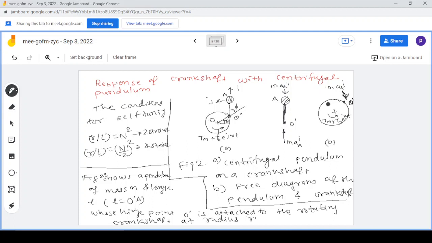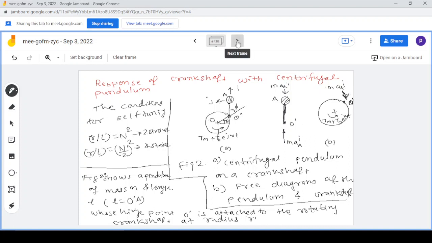For the crankshaft, it only has the turning moment Tm plus T0 e raised to j omega t, and the point O dash has m a a j.